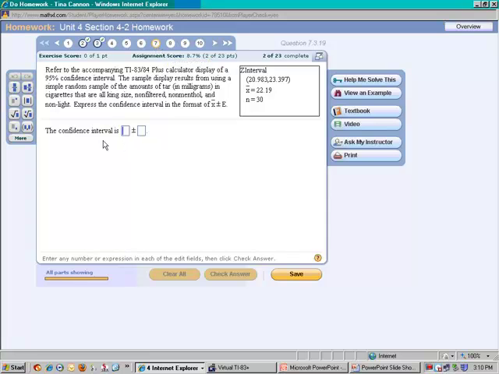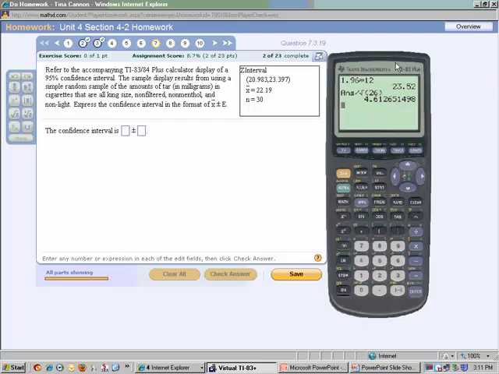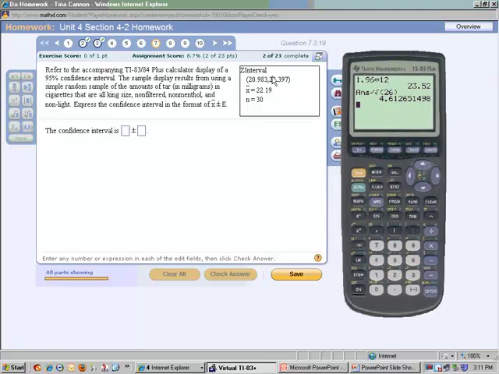This one, they're asking you to find the mean and find your margin of error. The mean and the margin of error. There's a formula for this. If you're trying to find the mean, let's pull our calculator up. You will take the upper bound, or the upper limit, plus the lower limit and divide by 2.